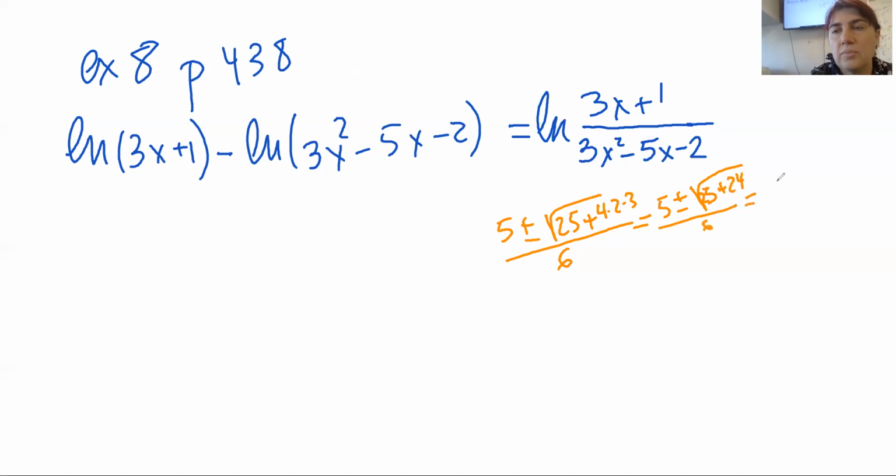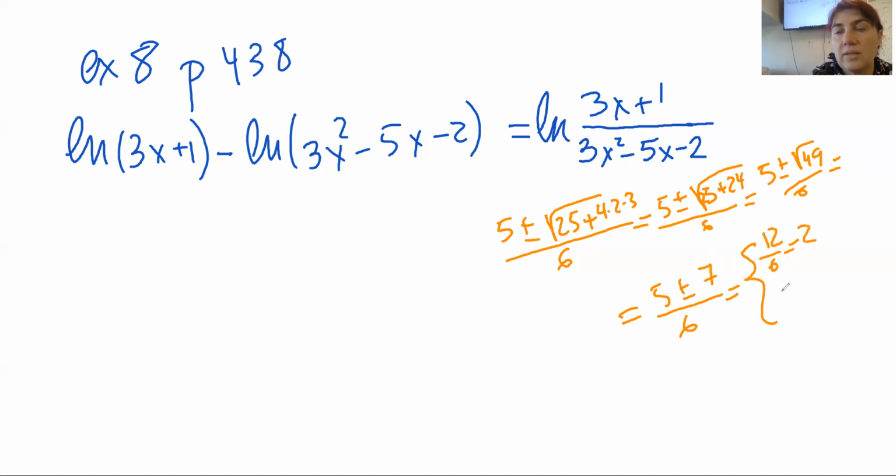All right, so this would be 5 plus or minus square root of 49 over 6, which is 5 plus or minus 7 over 6, which is 12 over 6, which is 2, and the other one is minus 2 over 6, which is minus 1 over 3.